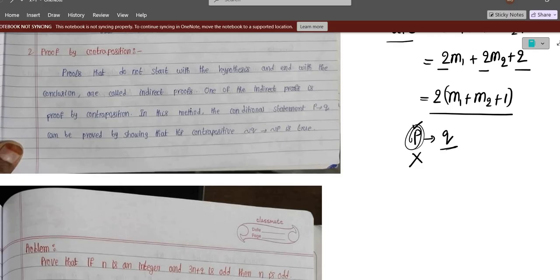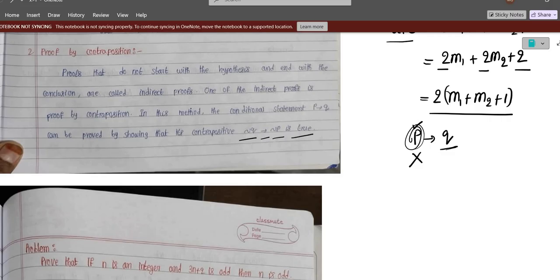One of the indirect proofs is proof by contraposition. In this method, the conditional statement P implies Q can be proved by showing that its contrapositive is true. Contrapositive, I already told: the contrapositive of P implies Q is negation of Q implies negation of P.